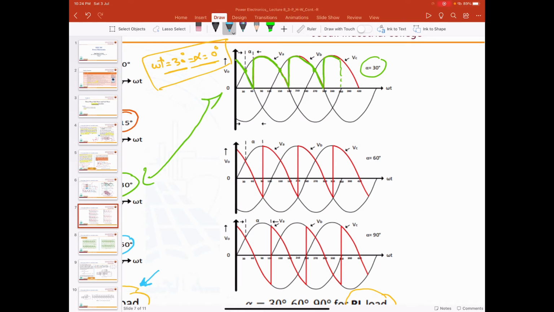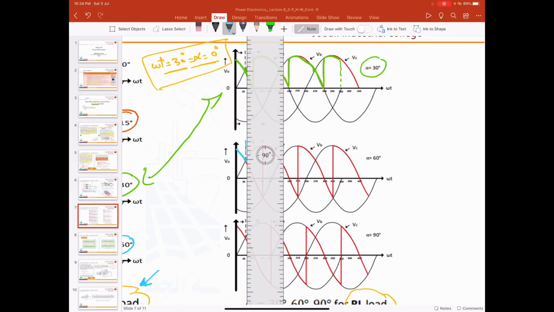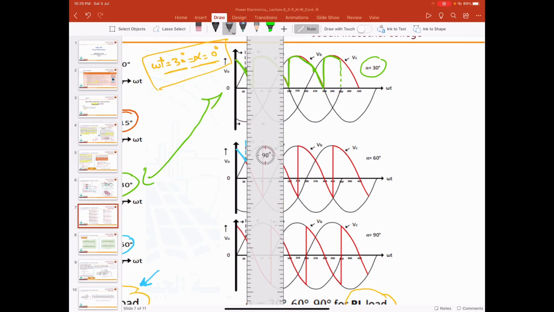Now we will go up to omega t is 30, which is alpha is 0. Alpha here is 0, right? If you want, we can draw a line يا شباب. I'm going to use another color, let me use this gray.